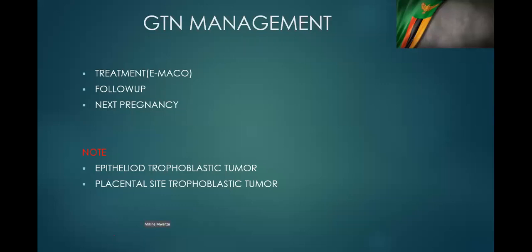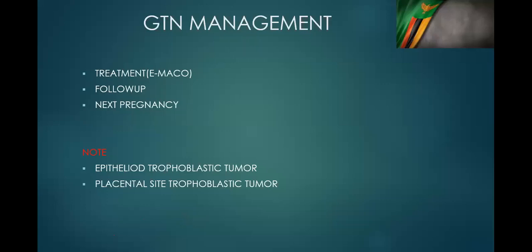Thank you. My question: I missed the explanation on the staging of cancer. Staging of gestational trophoblastic neoplasia, yes. What did you miss? I think I missed the whole column. I was at a place where the network was not so good.